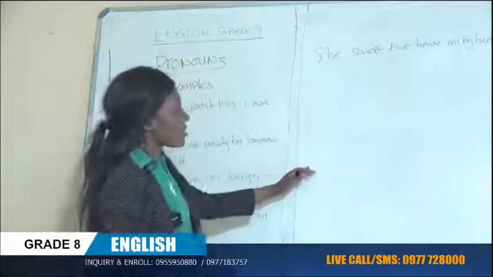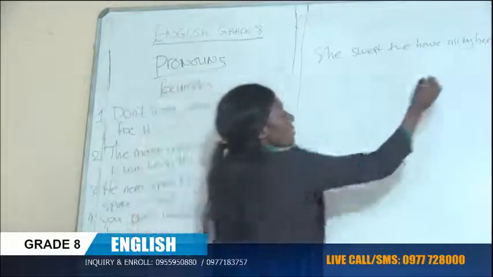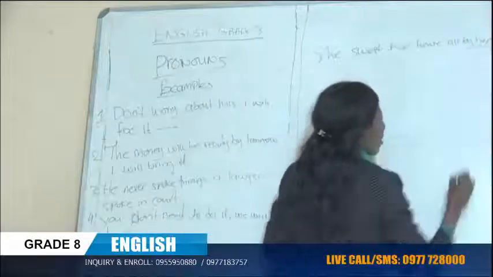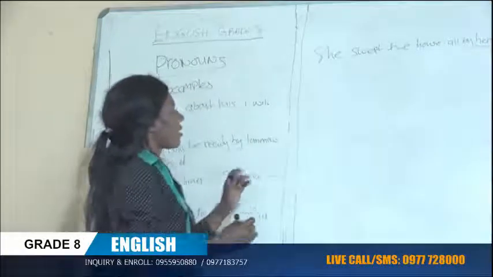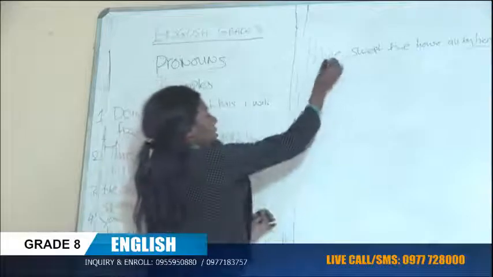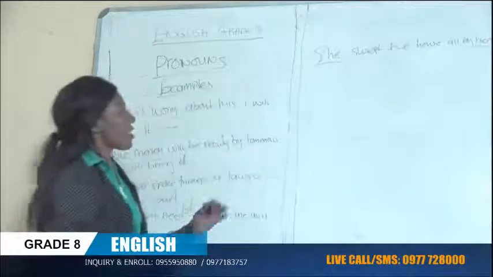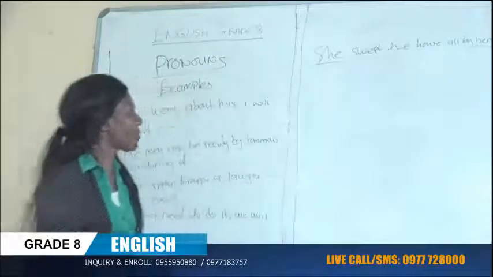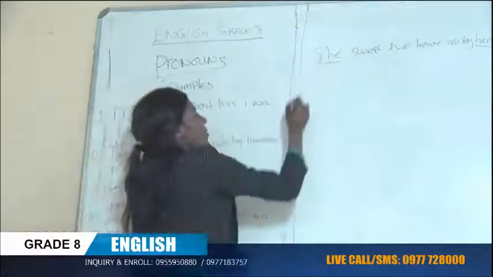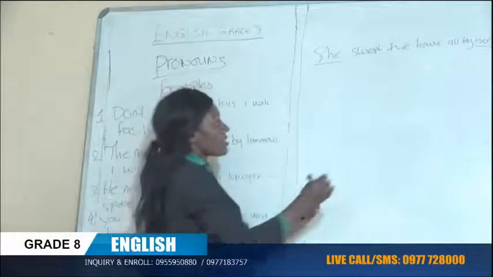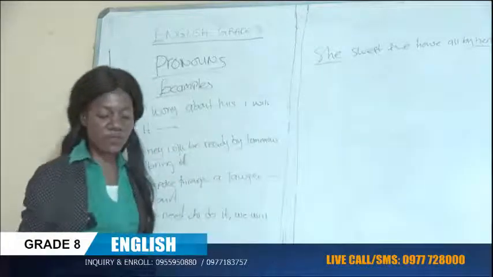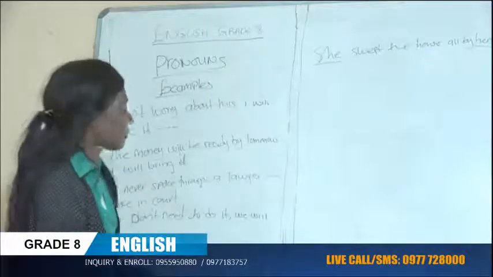So you have used the reflexive pronoun. Which one is the reflexive pronoun? Herself. Correct. And then we have a pronoun. Which one is a pronoun? She. Okay, so she is the pronoun and the reflexive pronoun is herself. Correct? I'm sure you understand now. Thanks for calling.